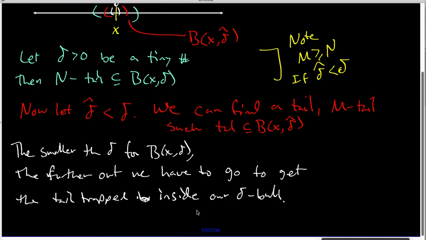And so that's the trick that we have to be able to do when we're trying to prove something is convergent. We have to be thinking in terms of teeny tiny little arbitrary delta balls and figure out how far out in the tail we have to go in order to trap all of the terms in the tail inside the delta ball.